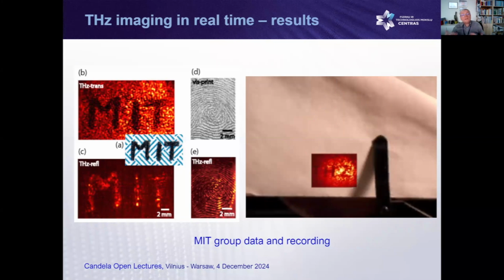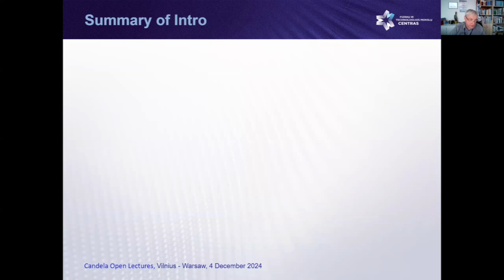So it was real-time imaging, still really old, but impressive. But to realize it, we needed good powers. I mean, 50 milliwatts of quantum cascade laser or another kind of emitter in order to record this. So it was a good result. It means we can go to real-time systems.